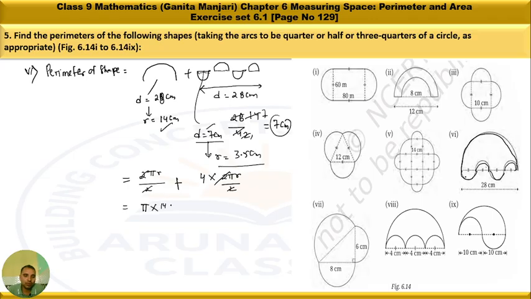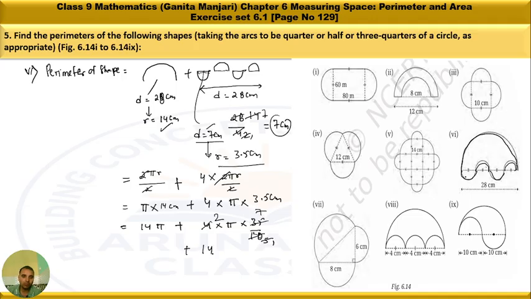So 14 pi plus 4 multiplied with pi multiplied with 35 upon 10. 2 twos are 4, 2 fives are 10, 5 ones are 5, 5 sevens are 35, 7 twos are 14.